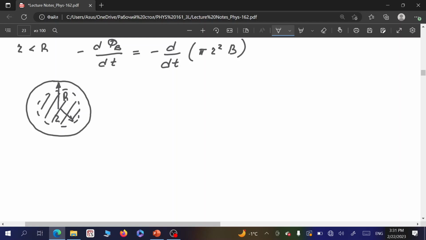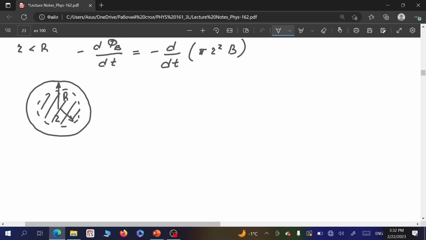So instead of previous case when we considered here total area of the cross section of solenoid, and here we have capital R, here when we deal with small r, because small r is smaller than the capital R. And B, magnitude of magnetic field, remains the same because we have shown previously we get uniform magnetic field inside the cross section of the solenoid.